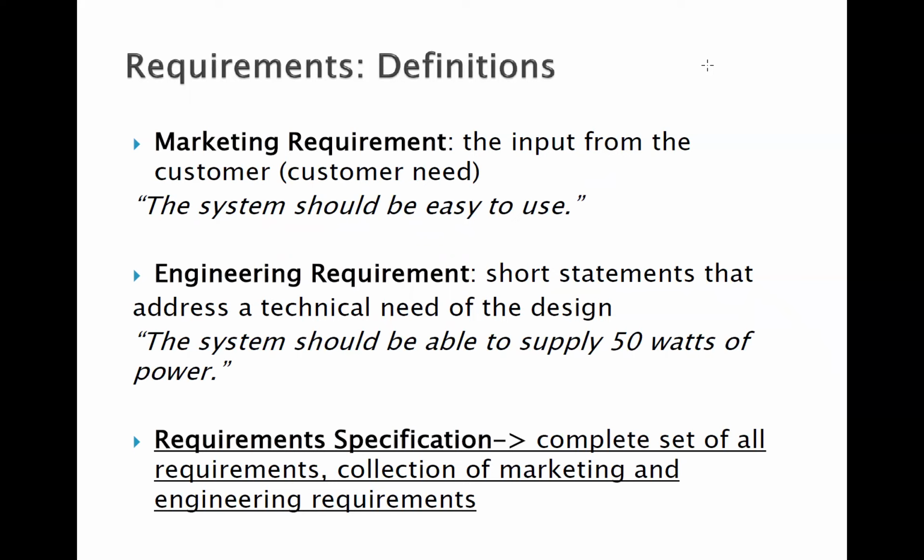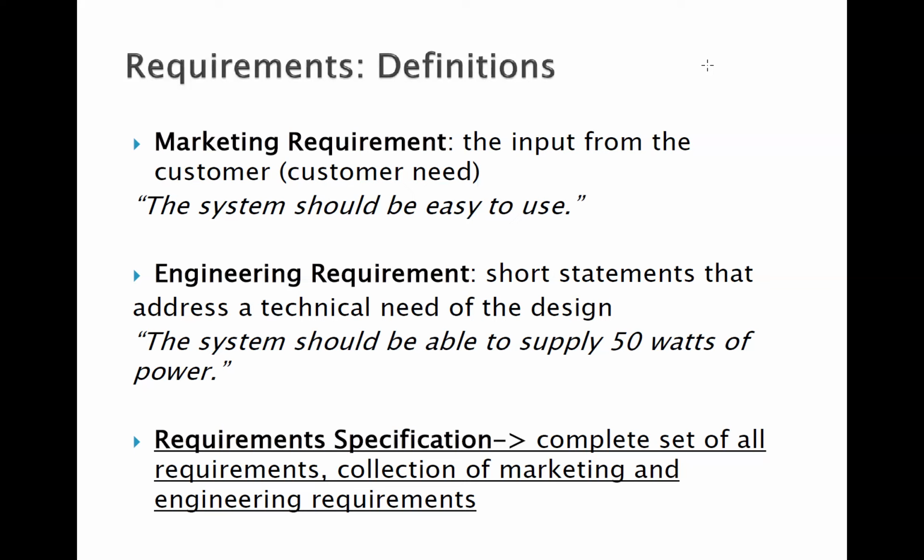On the other hand, for engineering requirements, we have short statements that address a technical need of the design. An example is given here, as you can see. The system should be able to supply 50 watts of power.